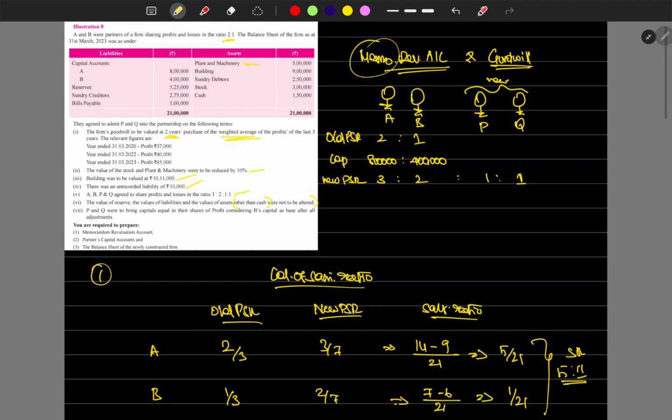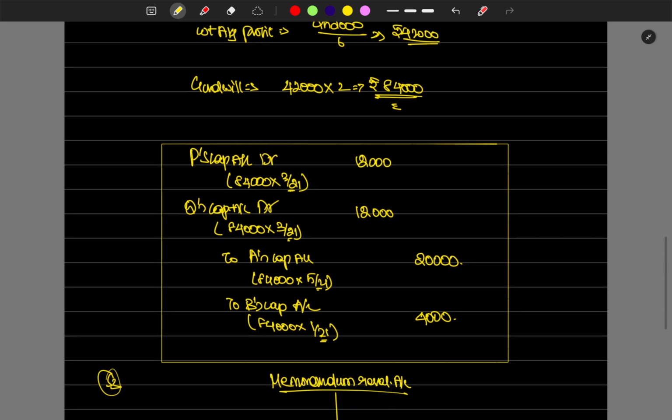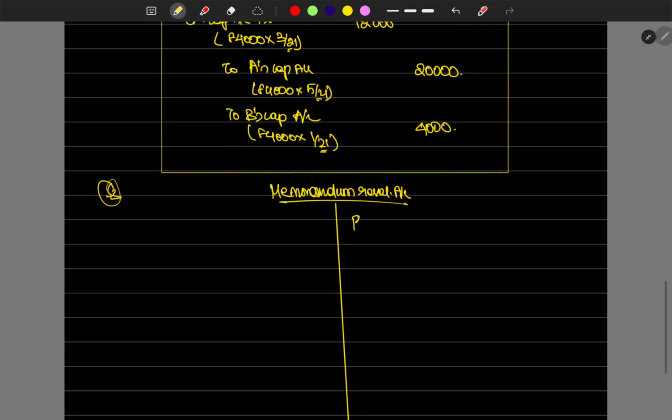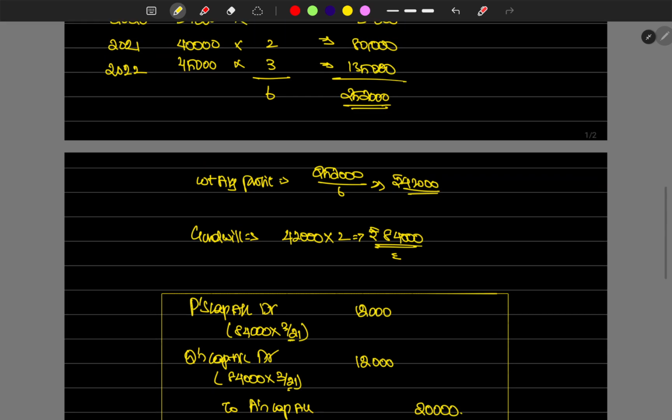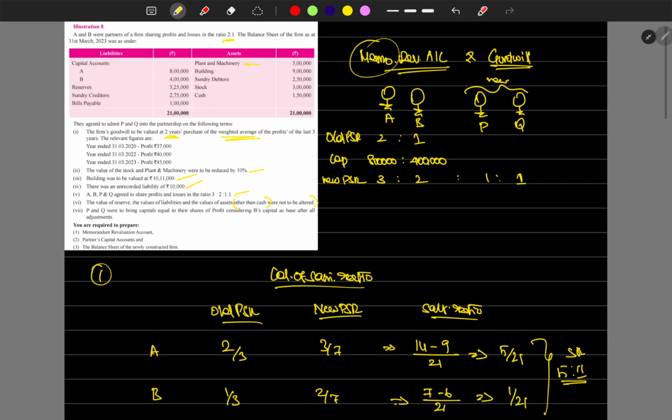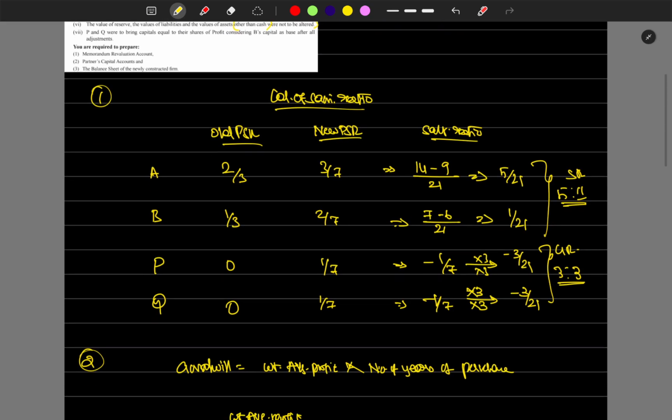Only 3 things have been revalued. Building increased by 1,01,000, sorry, 1,11,000. Unrecorded liability is 10,000.